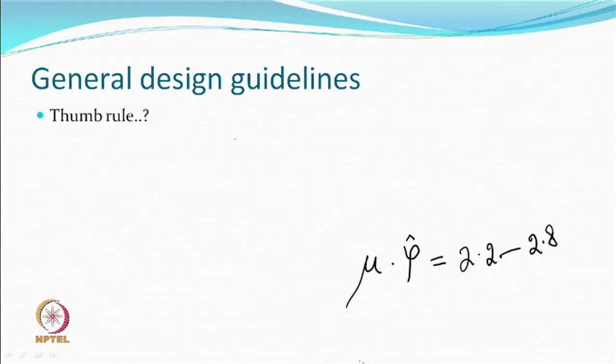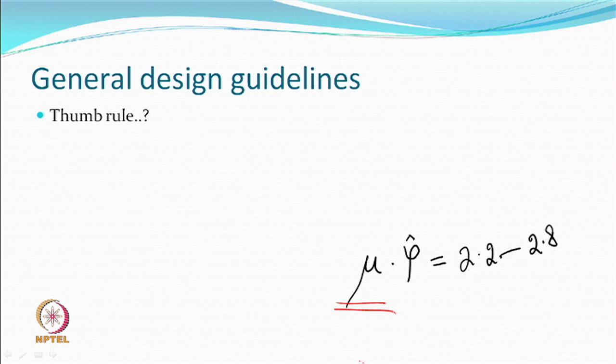So, what should be the wrap angle? This is a thumb rule which people use to decide what kind of material and what kind of wrap angle could be interesting. So, mu is the coefficient of friction of whichever material. You have polyurethane disc, you have aluminum disc, you have a ceramic disc. So, material you change, the mu will change.